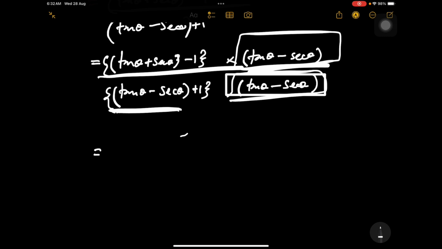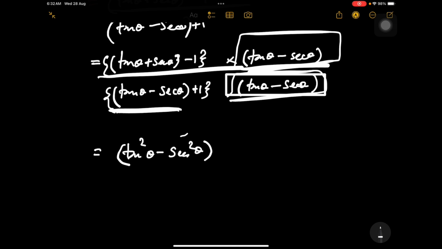You have to cut the thing and do it another way. Just check what will happen if I multiply with tan theta minus sec theta. In this case, you can write this one on the top. It's going to be tan squared theta minus sec squared theta.